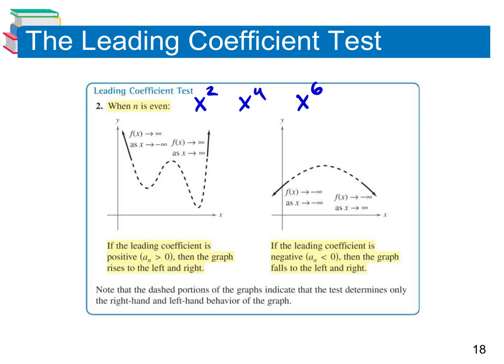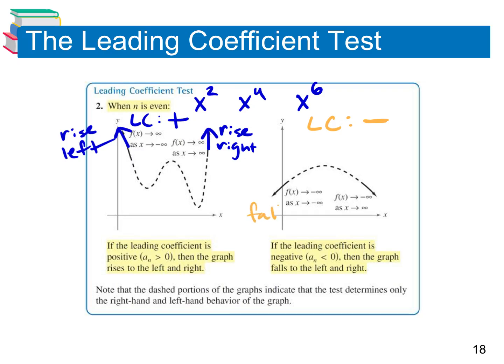So if our leading coefficient is positive, our arrows are going to go up. So it would rise left and rise right. If our leading coefficient is negative, it's going to fall left and right. So falls left and falls right.